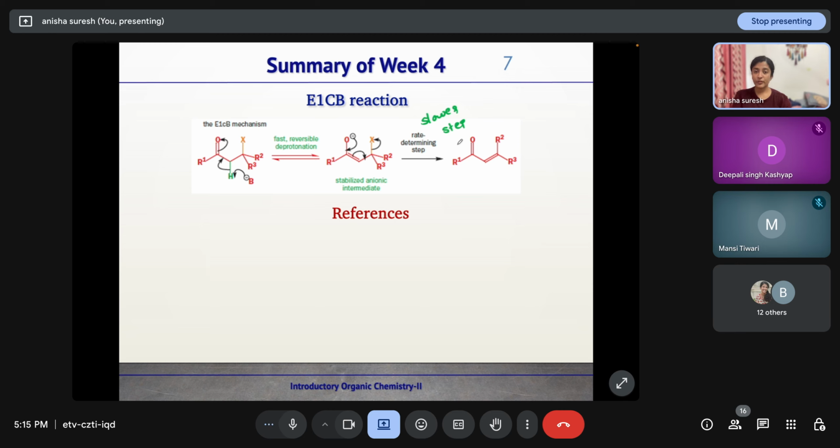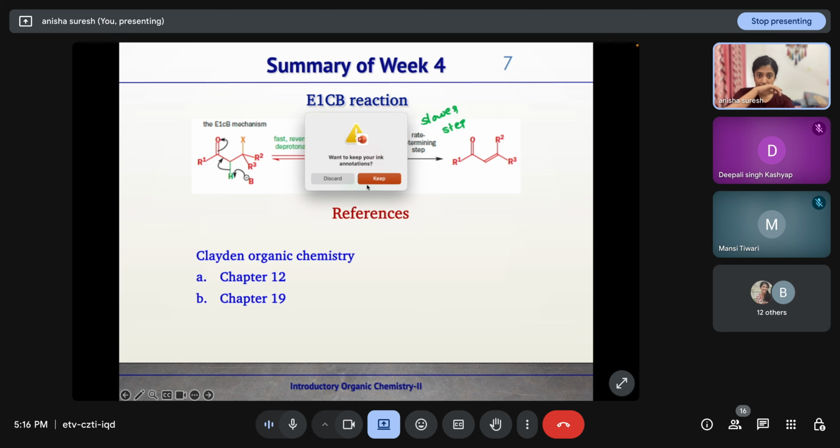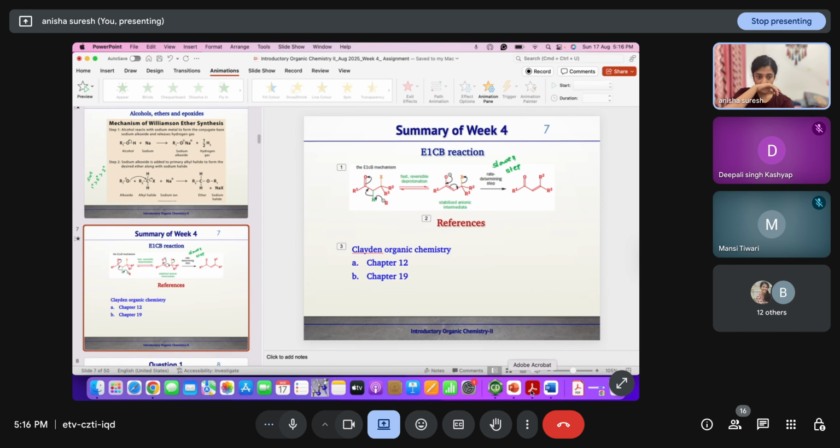So for this week 4, you can follow Clayden Organic Chemistry chapter 12 and chapter 19. I am having the Clayden Organic Chemistry that was released in 2000. In that it is chapter 12 and chapter 19. Okay. So I will show you the textbook which I am having.